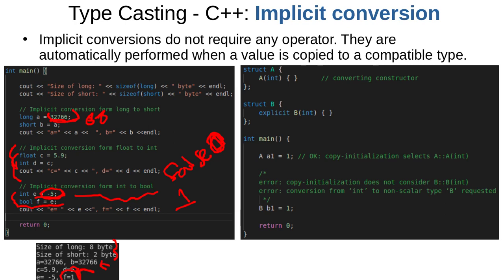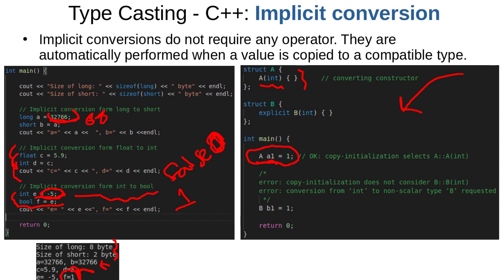On the right side we have another example. Here we have simply class A, and this class A has a constructor that takes an integer, and if we try to say A a1 equals 1, this is completely correct, because implicit conversion will happen.